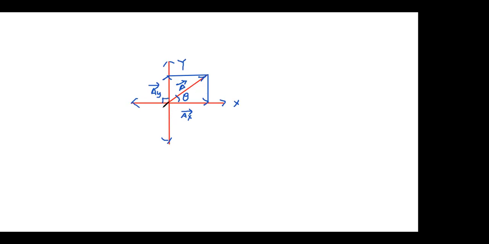Let A bar be a vector making angle theta with horizontal. Let Ax bar, Ay bar be its rectangular components along x and y axis. Now from figure, can you tell me what will be cos theta? What is cos theta? Adjacent side OP upon hypotenuse OQ from the figure. Is it correct?